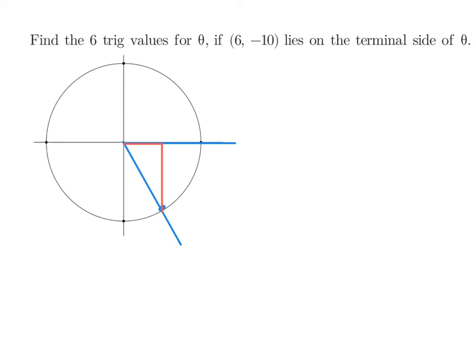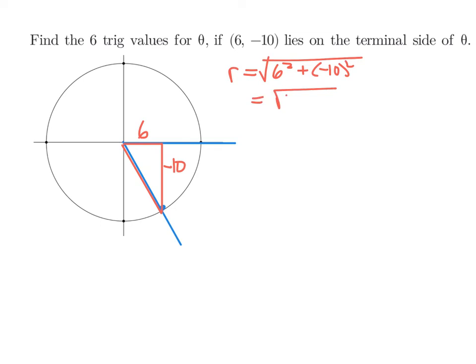Right, so the radius of this circle is going to be our hypotenuse. Of course, since we're at the point 6, negative 10, the x-coordinate was 6, the y-coordinate was negative 10, and we need to calculate the radius. So r is the square root of 6 squared plus negative 10 squared.